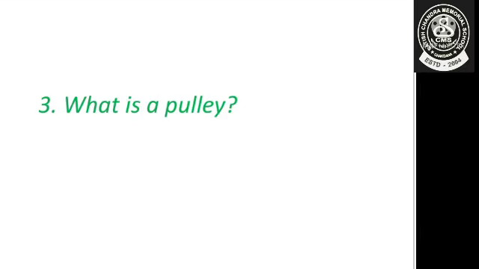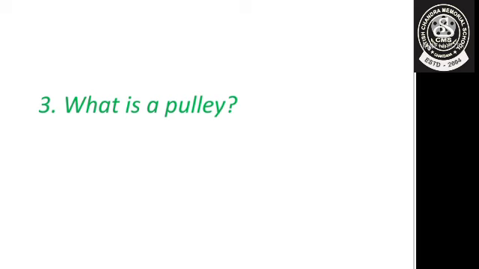Here is the next question. What is a pulley? Let's see what the answer to this question will be. Just start thinking. As we know, children, a pulley is a wheel on a fixed axle which moves a load along a rope or cable. Look at this picture. Children, as you observe this picture very nicely, a pulley makes it easier to lift an object than lifting the weight by hand.